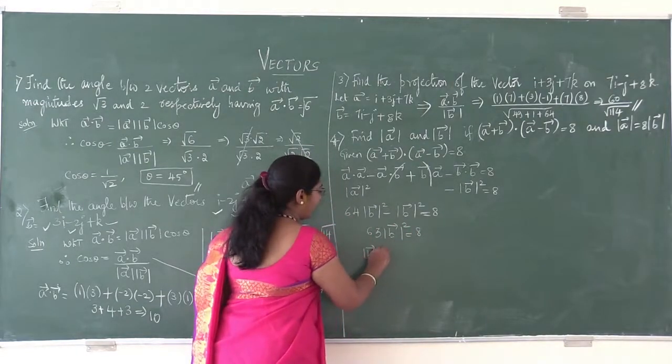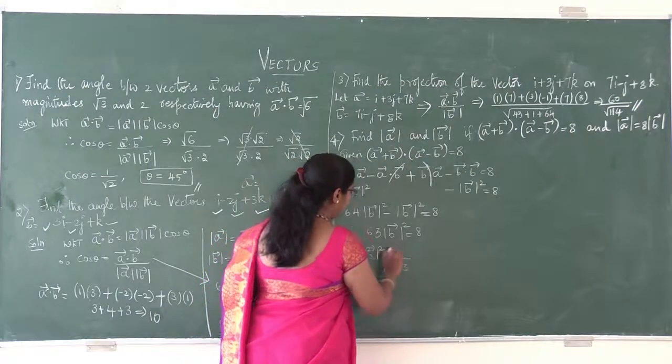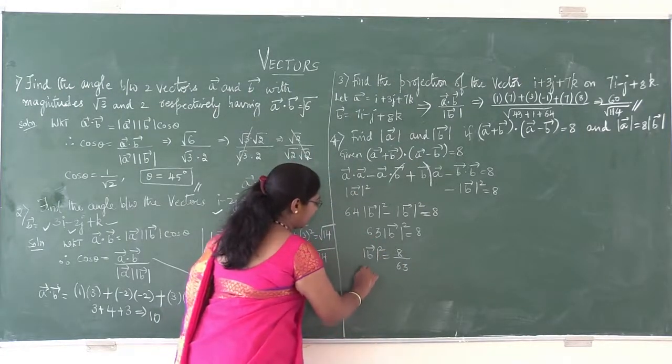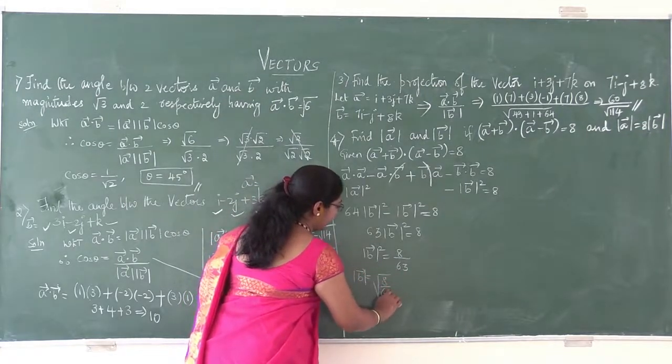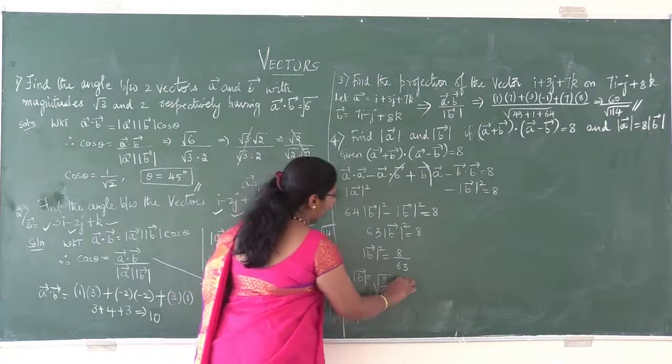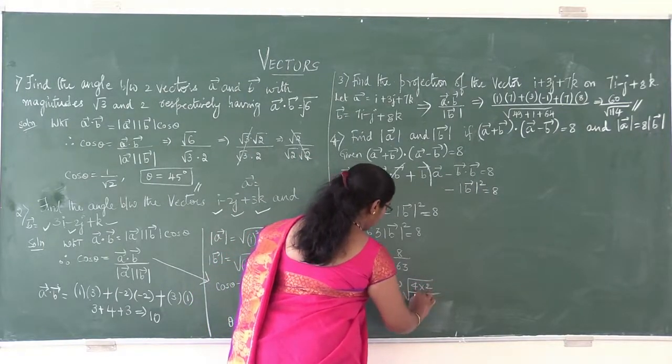So what will be the magnitude of vector B square? 8 by 63. Can I write this as the square root of 8 by 63? This can be written as 4 into 2 over 9 into 7.